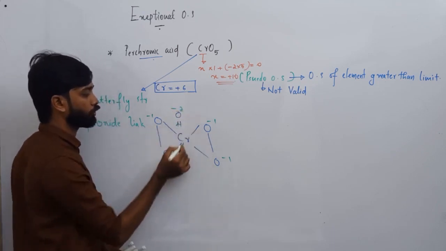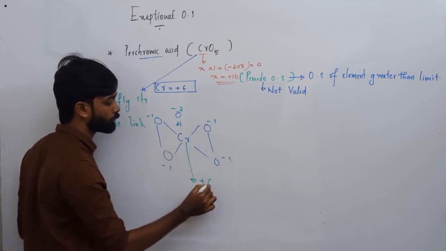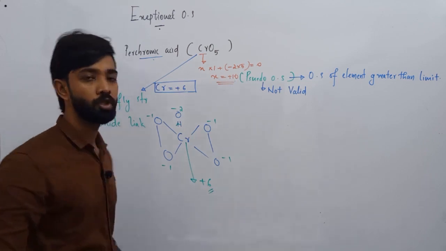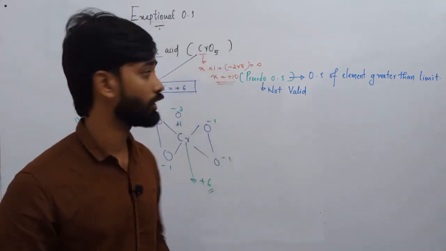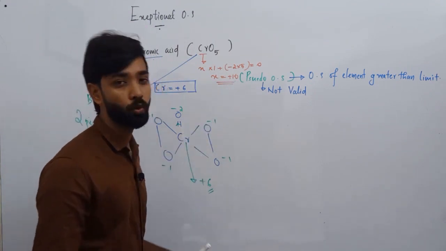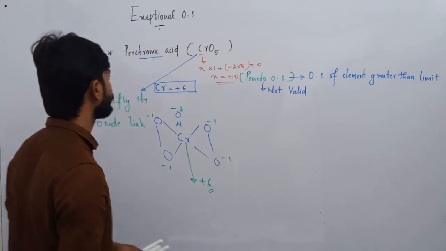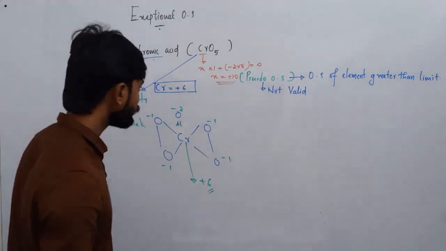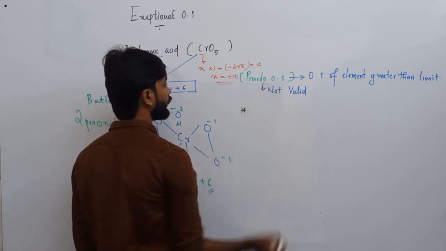So surrounding the chromium, there is a total of -6 charge. So chromium should balance it by +6. So the actual oxidation state of chromium in perchromic acid is +6. It is not +10. +10 is a pseudo one, it's not valid. Move to the next category.